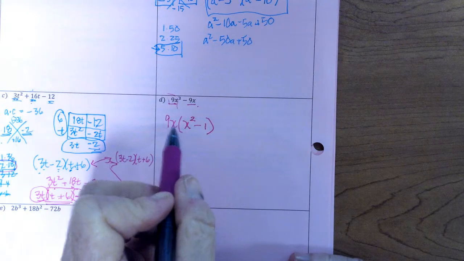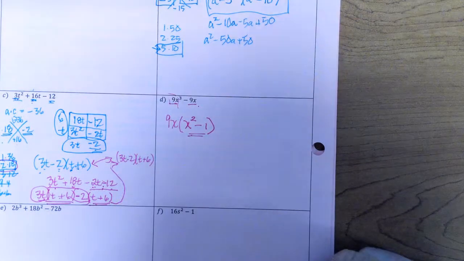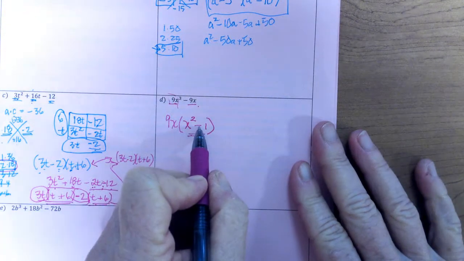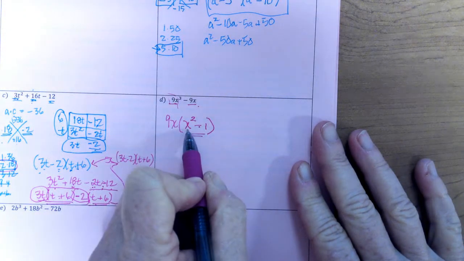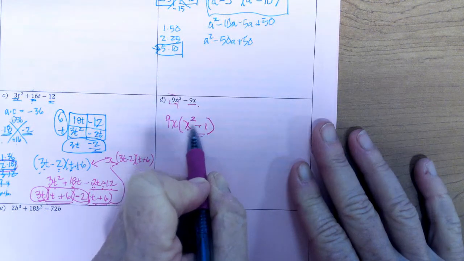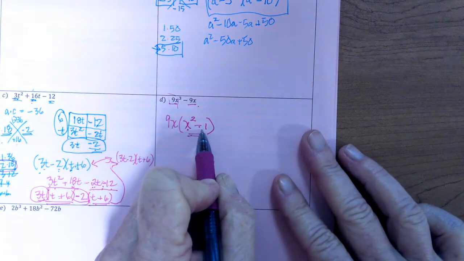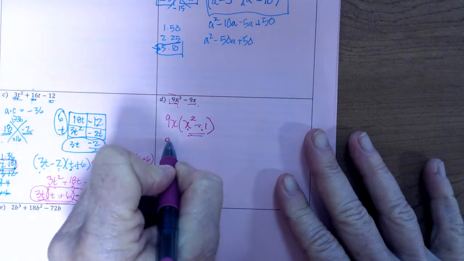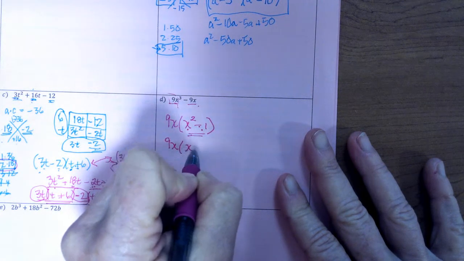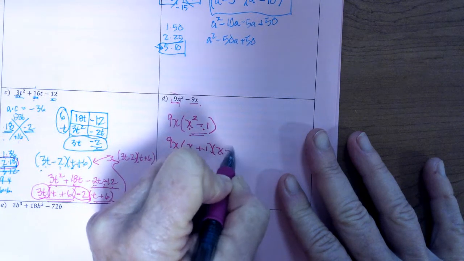I go, wow, look at that. I've got a perfect square inside, and I'm taking the difference of them. So what do I mean by that? I know that x squared is a perfect square because x times x is x squared, and I know that 1 is a perfect square because 1 times 1 is 1. So I can write these as factors: 9x times x plus 1, x minus 1.